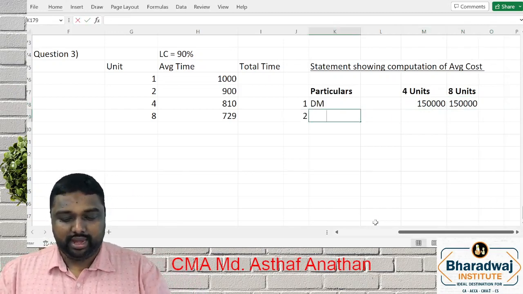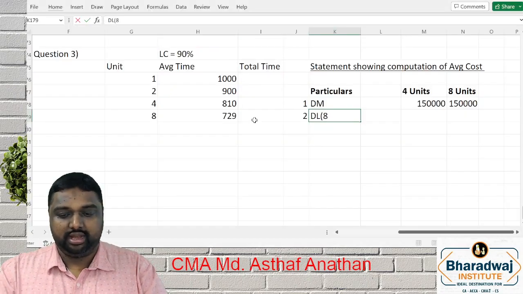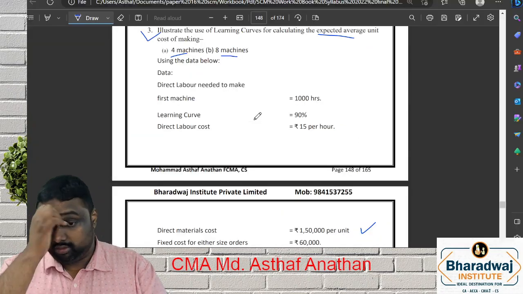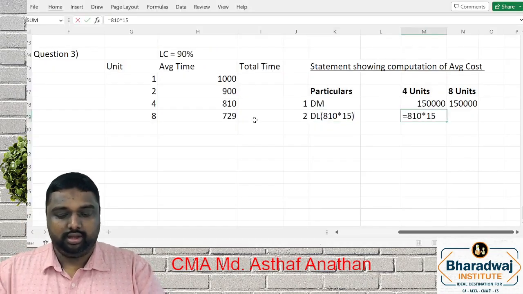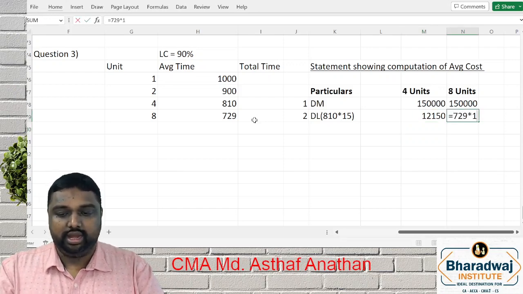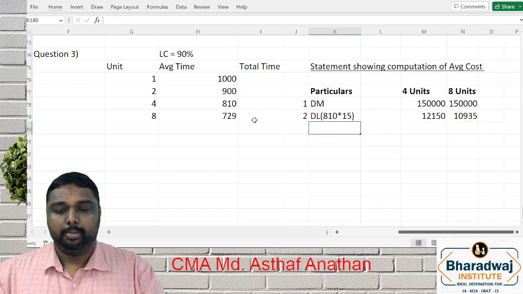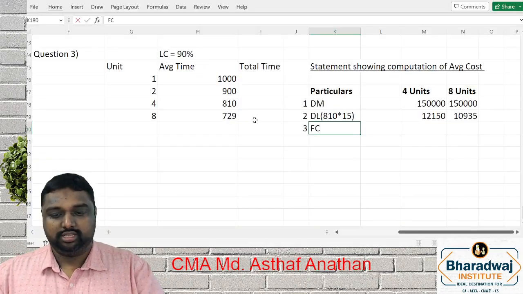What will come? Direct labor. Direct labor, if you have 810 hours into every hour 50 rupees. Here it will come as 729 into 50. Now, what will be the fixed cost?